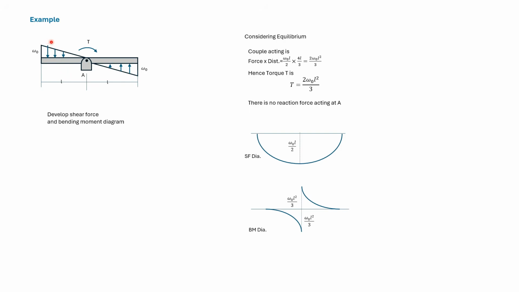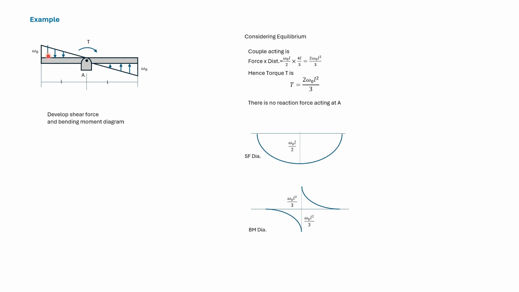If we take a section here, then we see that there's some shear force acting on the section. And if we move further from the left edge, the shear force increases till we reach A. So here we have shown an increase in shear force.